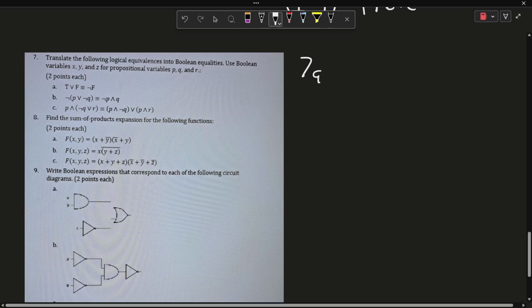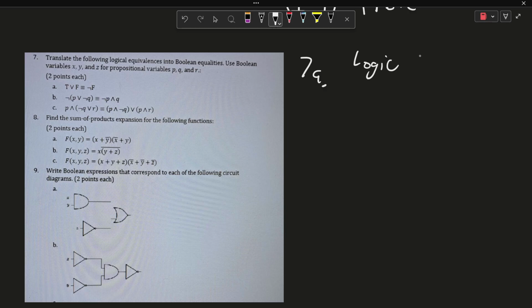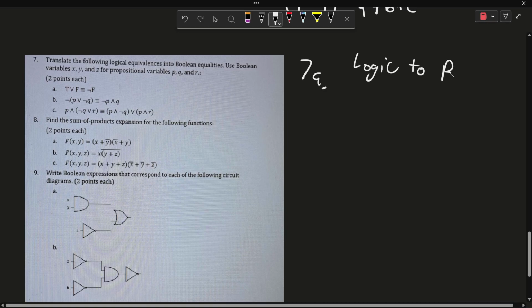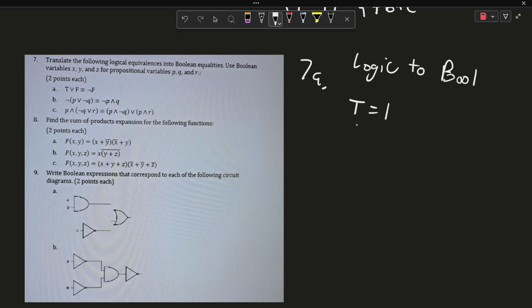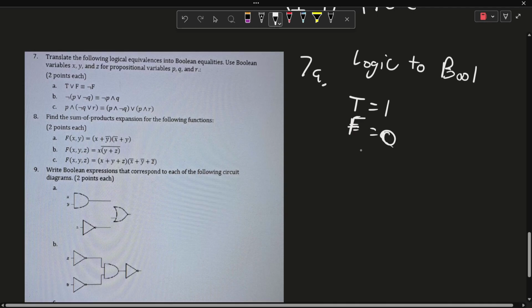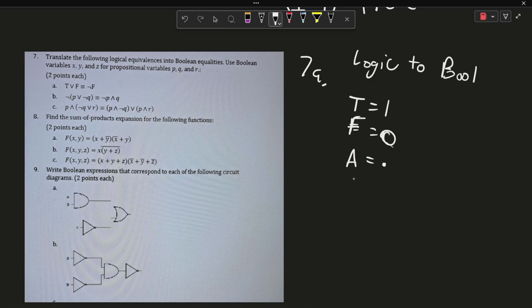So, 7A. To go from logic to Boolean, every true is 1, every false is 0, ands are multiplication, ors are pluses, and negations are just that line above the things.